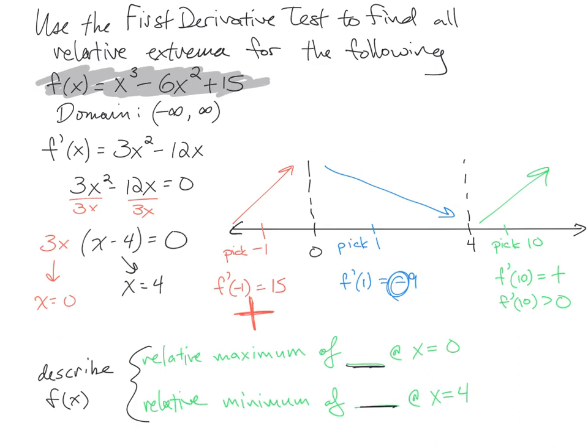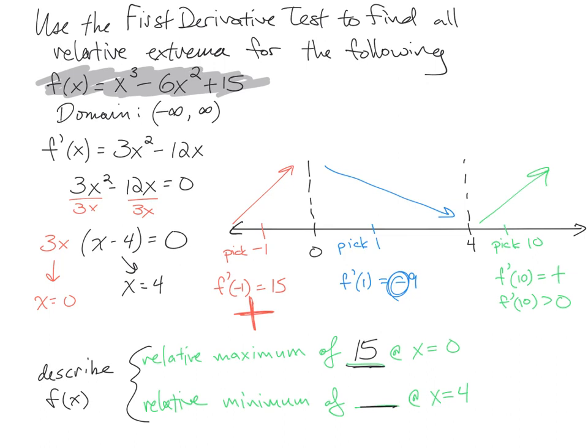So it would make sense, if we're trying to find a maximum or a minimum of a function, we can take the values we got and substitute them into the original function. So if I substitute 0 into this function, I get 15, and 15 is the relative maximum value.